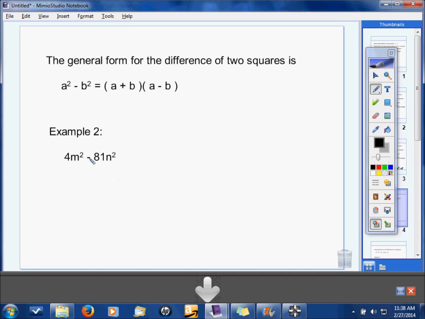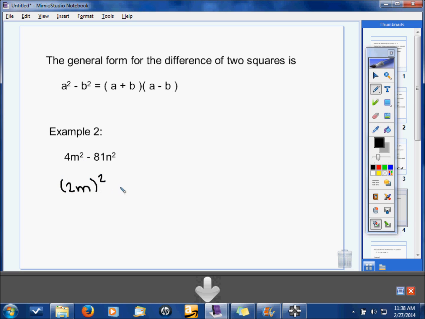Yes, it's a difference, but we need to figure out what is multiplied times itself here on the front end. m and what else? 2. 2m times 2m is 4m squared.